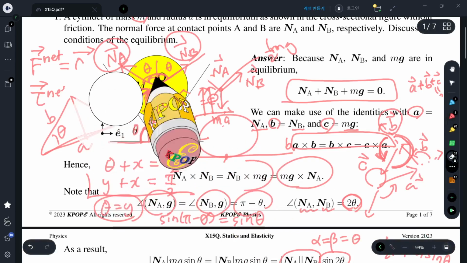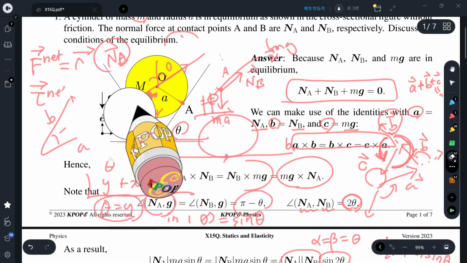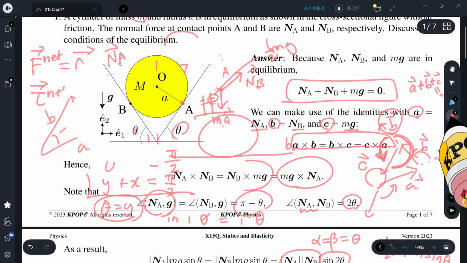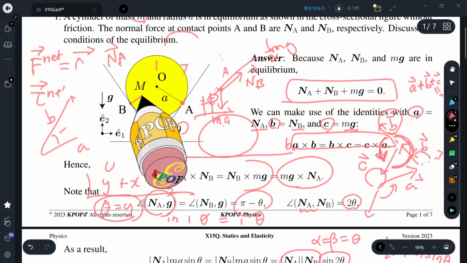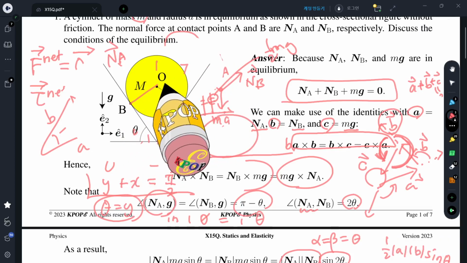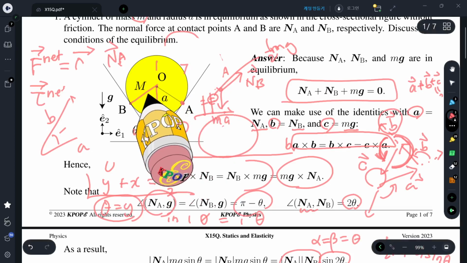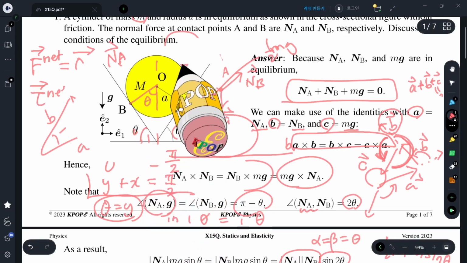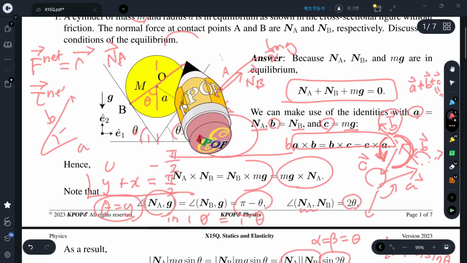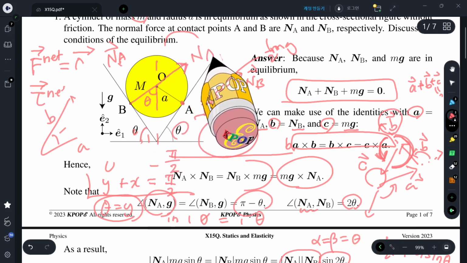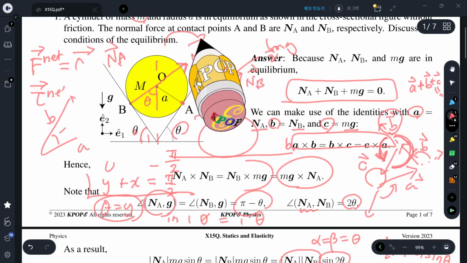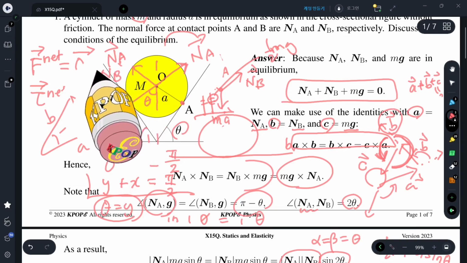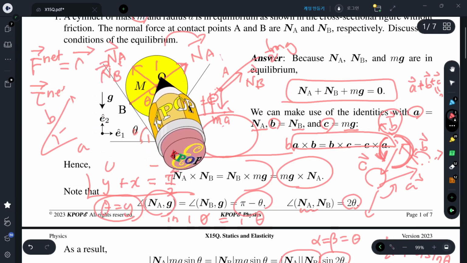Let's see. We have angle theta, and this one is theta. This is NA, direction of NA. Okay. This is direction of NB. This is theta.